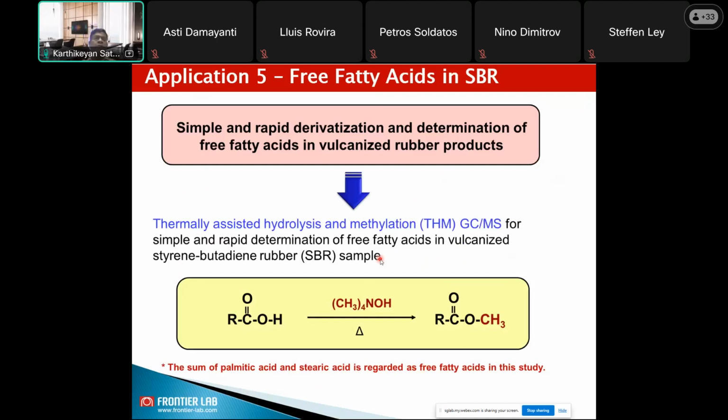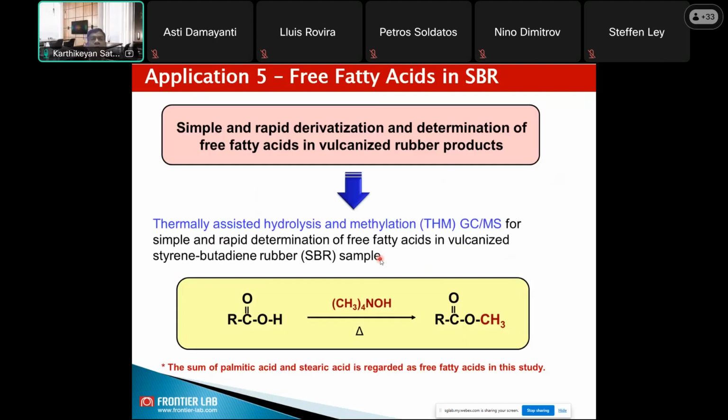So far I have explained the use of reactive pyrolysis for the analysis of polymer in different types of materials, where sometimes you are not able to see the monomers of the polymer by a standard fast pyrolysis technique.